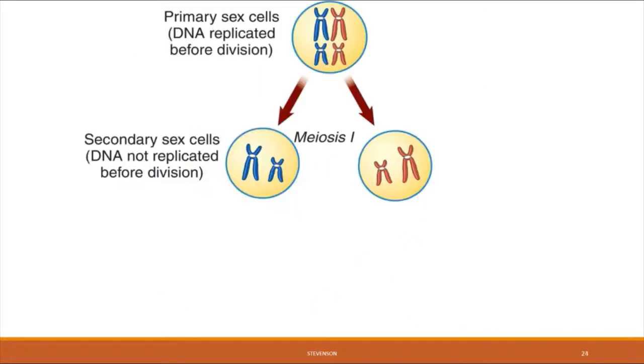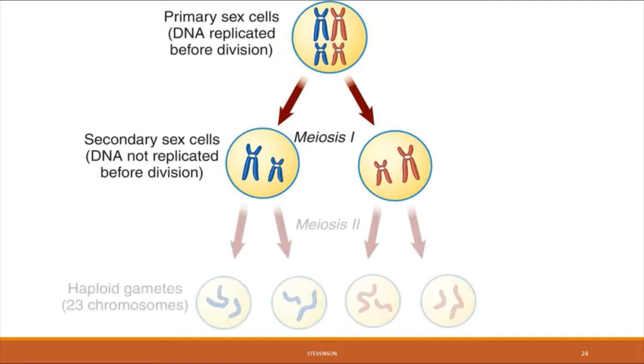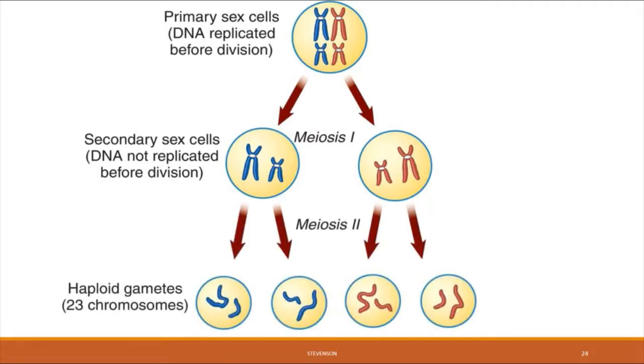So after this point, the cell is not going to stop. It's going to move into meiosis II, which is where each of the two cells that we just saw engages in a second set of meiosis phases and divides one more time. So that's what we're going to walk through now.